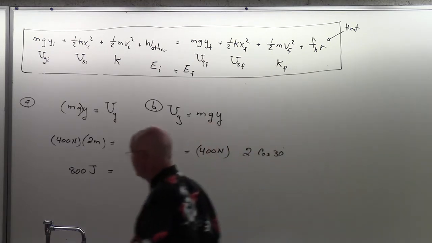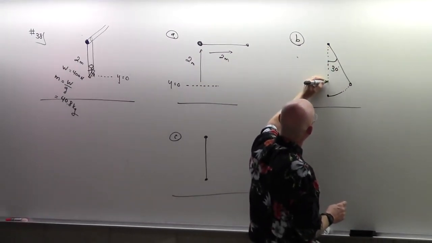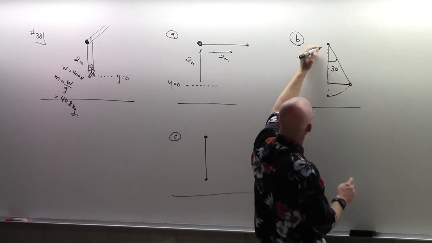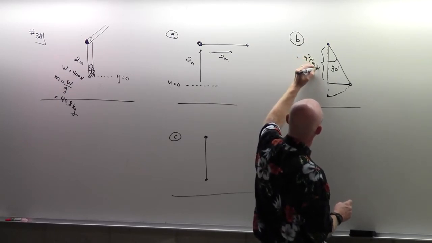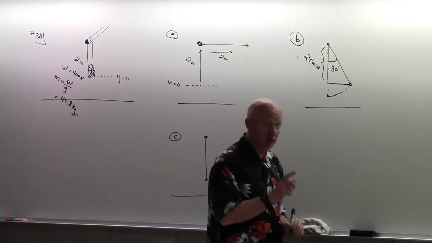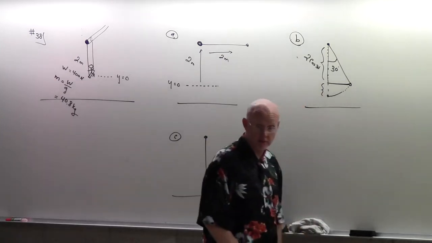Let me draw the picture here. If this swings back here, then if I make a triangle, this part right here is 2 cosine 30. But that's not the height of the child. What's the height of the child is that piece.